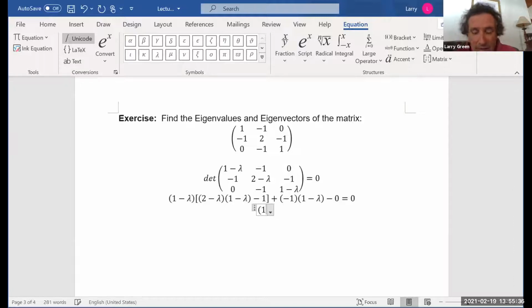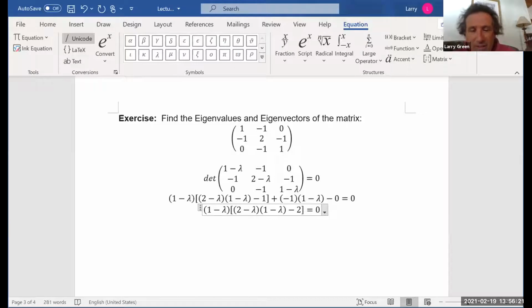It makes life a lot easier. 1 minus lambda times, and now see what's left. So we have 2 minus lambda times 1 minus lambda minus 1, and then plus negative 1 times 1 minus, plus negative 1. So that gives me 2 minus lambda times 1 minus lambda. And then we have a minus 1, minus 1, minus 2 equals 0.